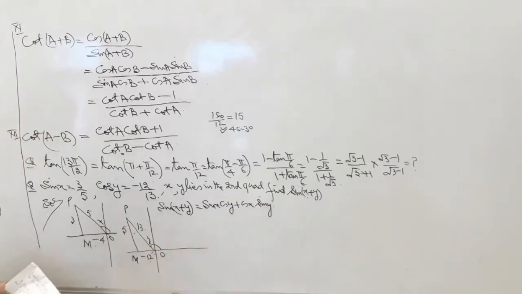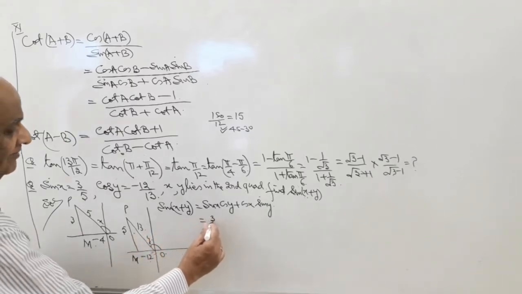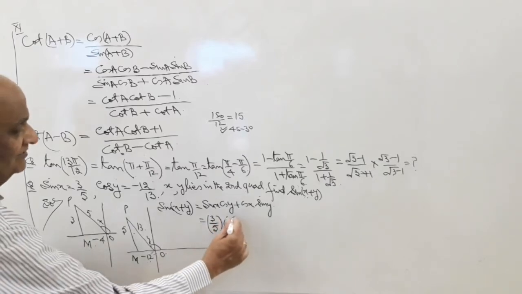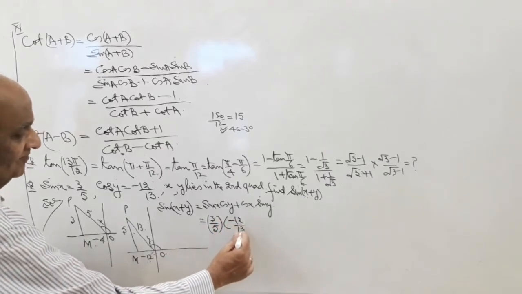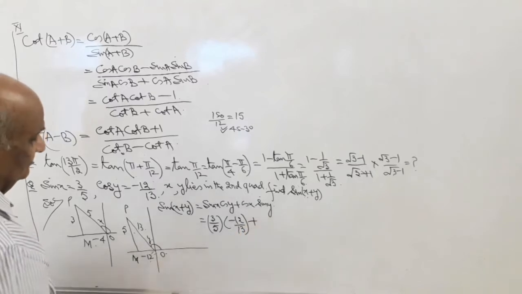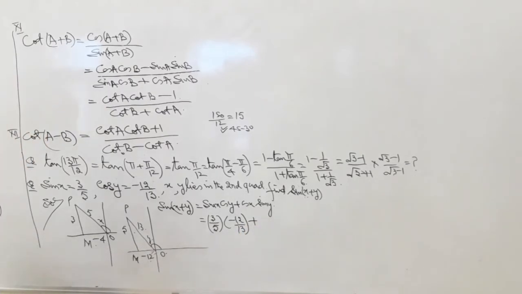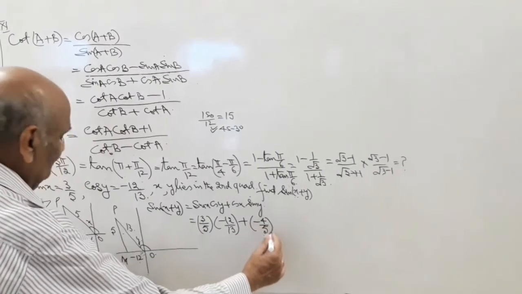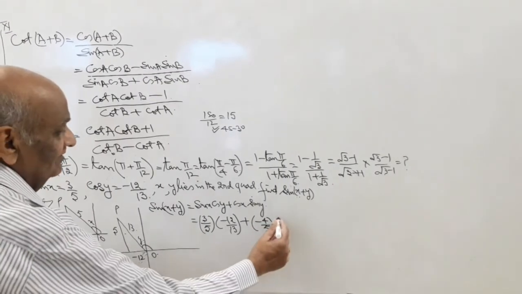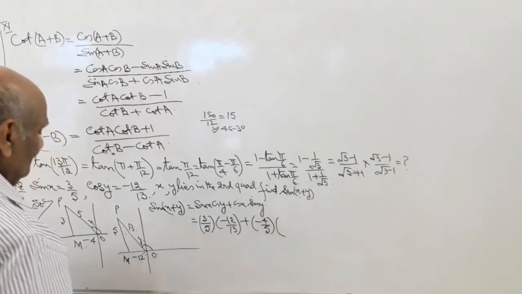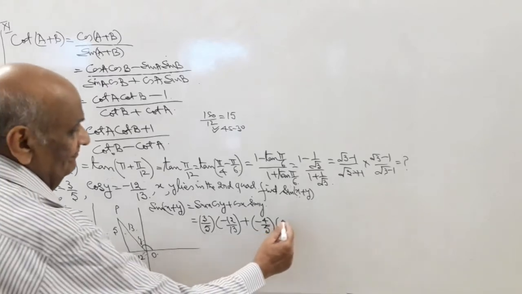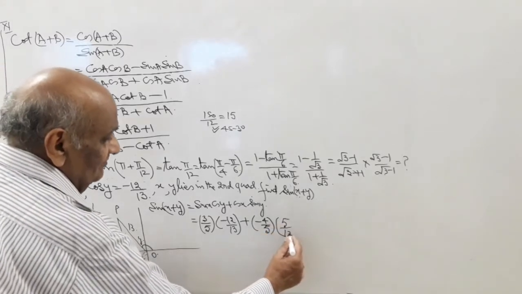Now sin x is of course given to you as 3 by 5, cos y is minus 12 by 13, cos x is minus 4 by 5, and sin y in this case is 5 upon 13.